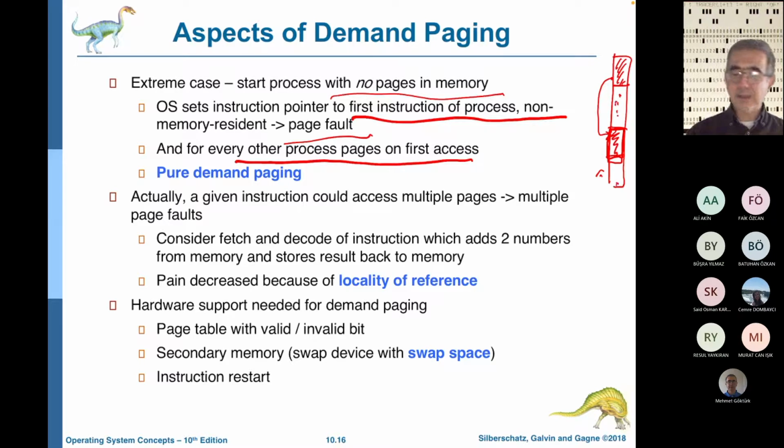So the rest is not necessary. They don't get any page faults. That is what we call demand paging. But sometimes you may preload certain pages if there is time.